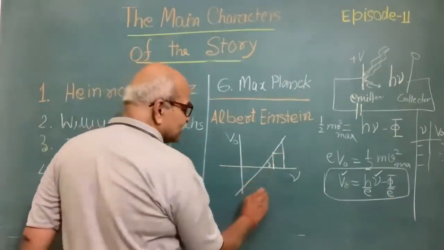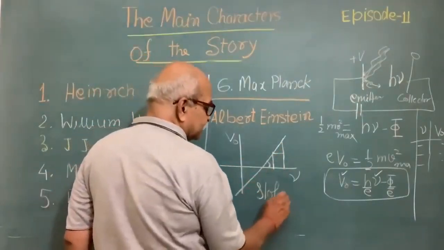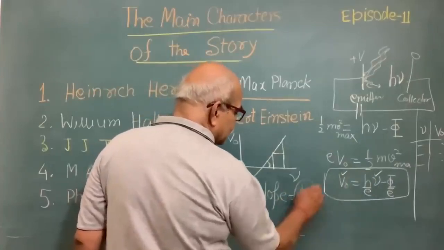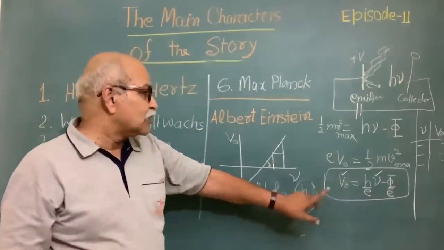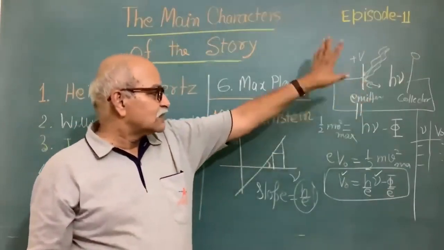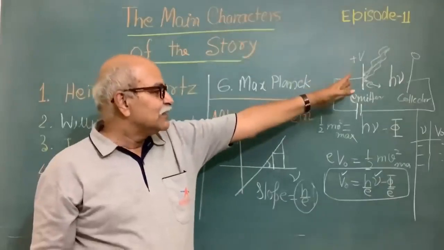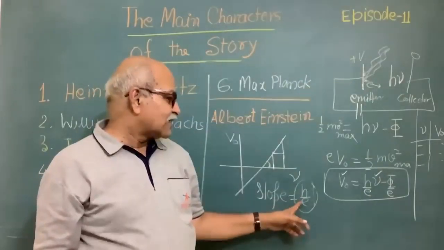So the slope of this curve should be h by e, a universal constant, independent of what material is here, what the work function is, anything that you think of.